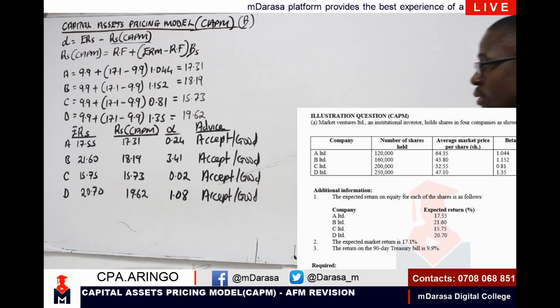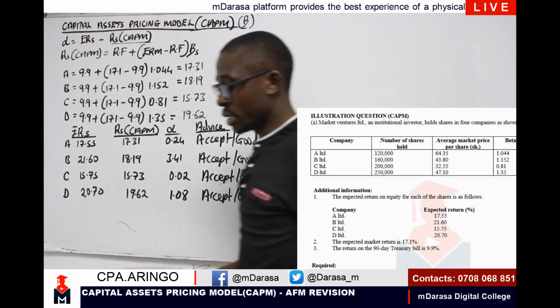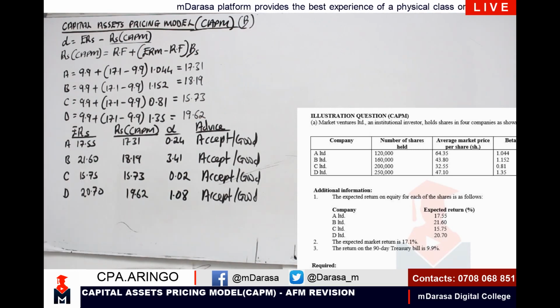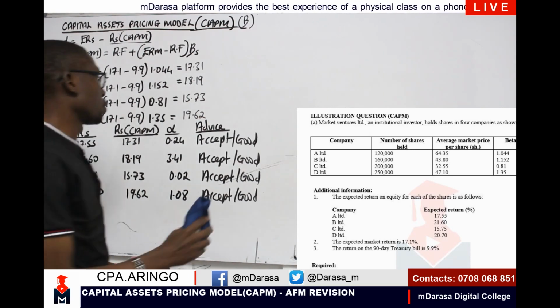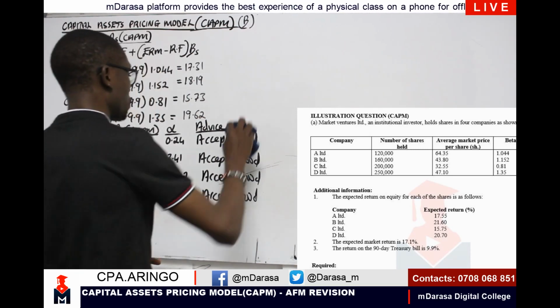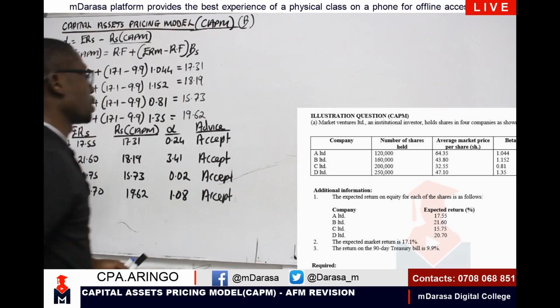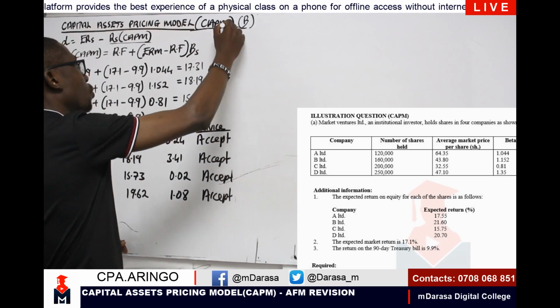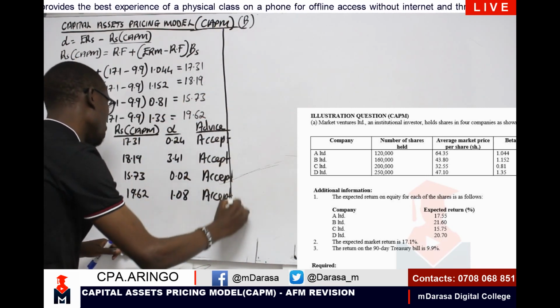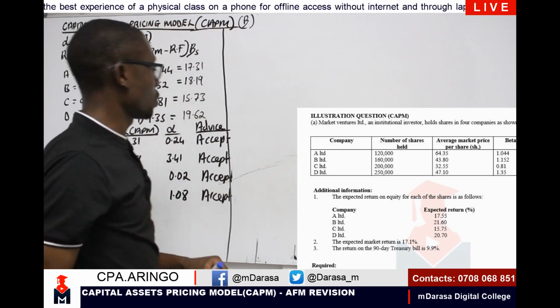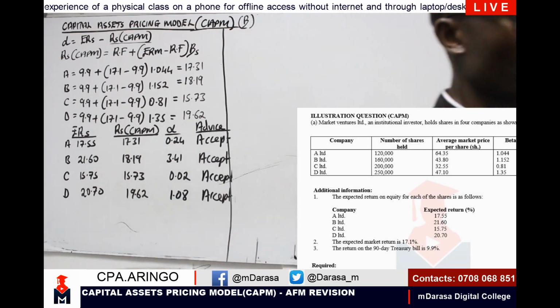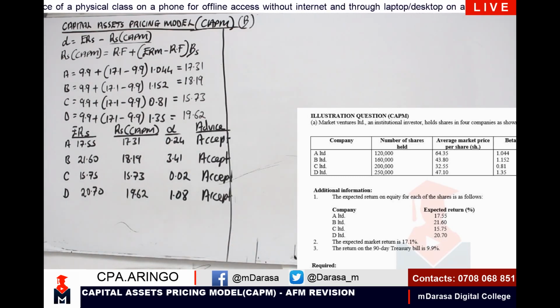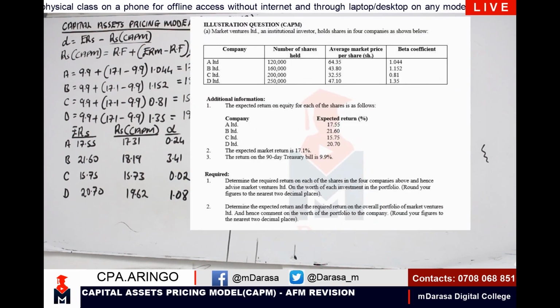Okay, once we are done with part 1 of the question, let us proceed to part 2 and see what we will be having. So what were we asked to do in part 2 of the question, my good students?